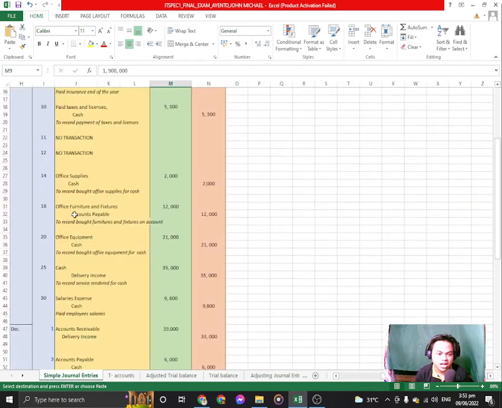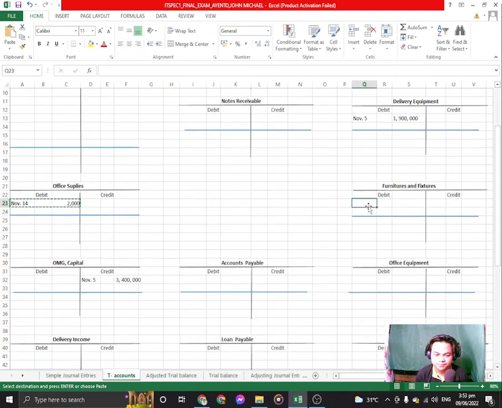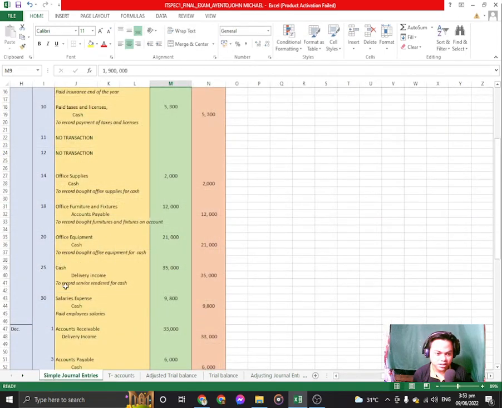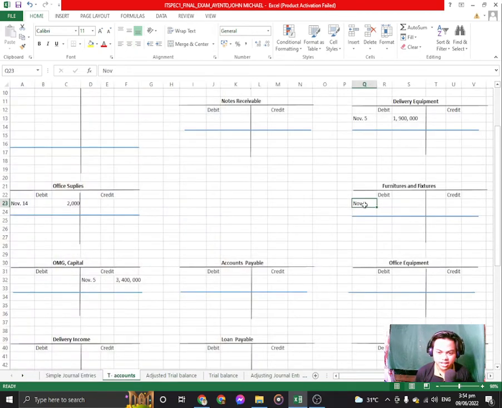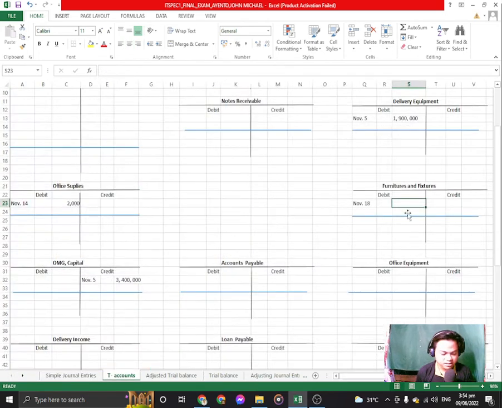For the journal entries, November 18, office furniture and fixtures for the debit, we have 12,000 pesos and accounts payable 12,000 pesos. Office furniture and fixtures, November 18, 12,000 pesos for debit, and then accounts payable for credit.